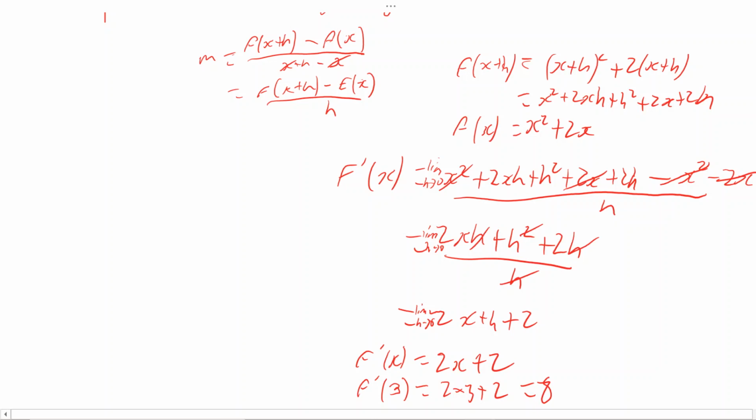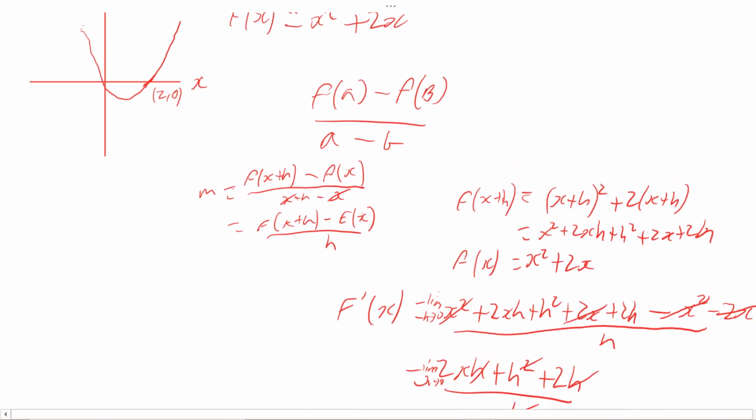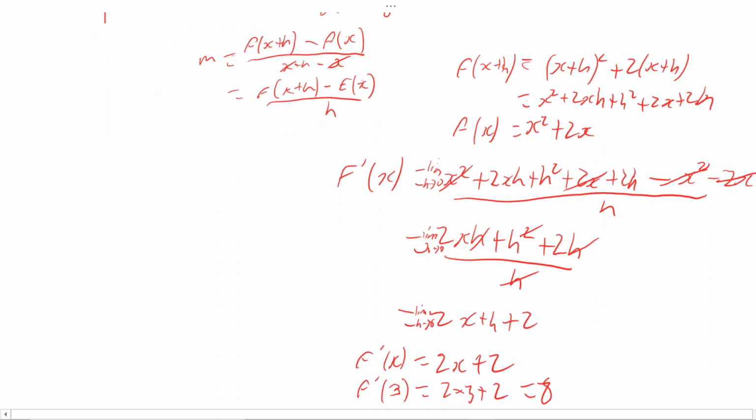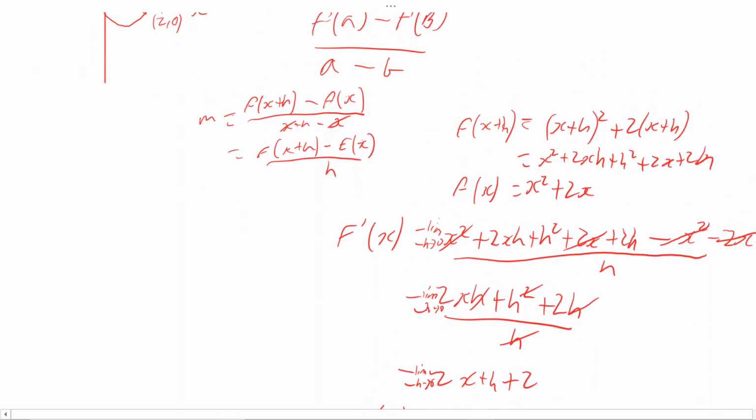So that would be your instantaneous rate of change at point x equals 3, which, if you look on the little graph at the top here, looks about right, I reckon. About 8. So that's how you find the derivative and differentiate by first principles.